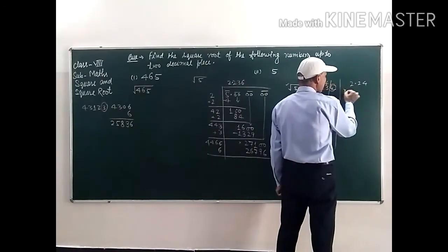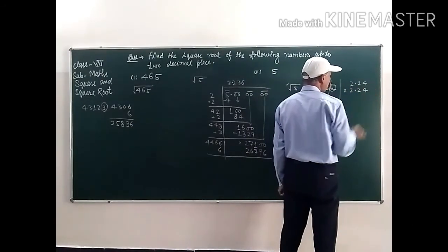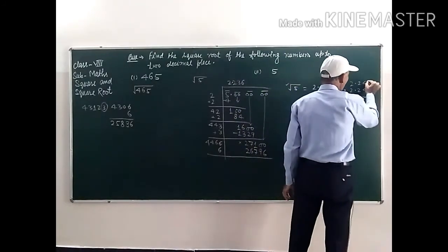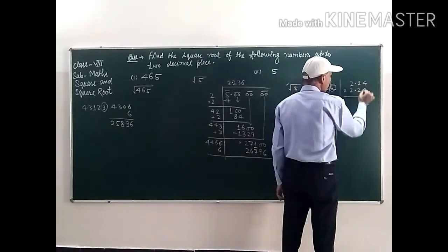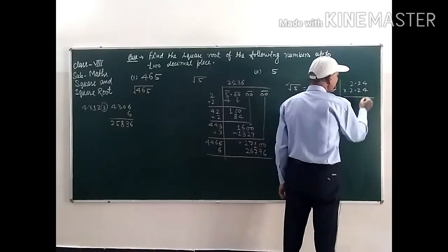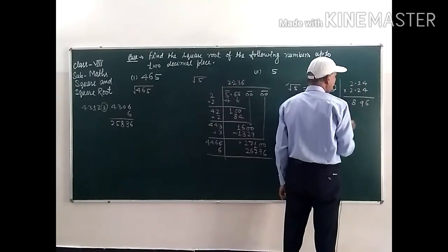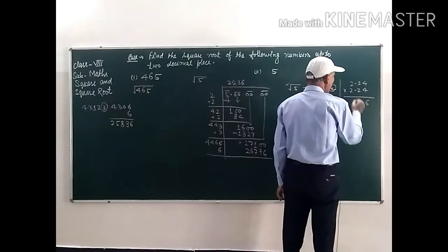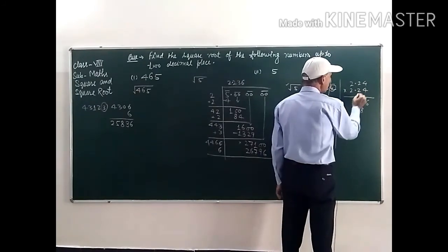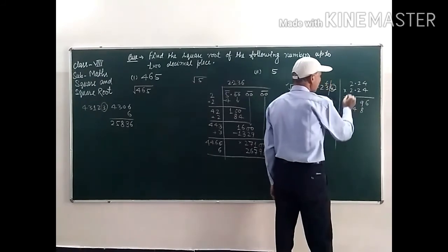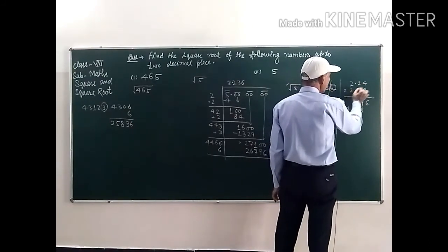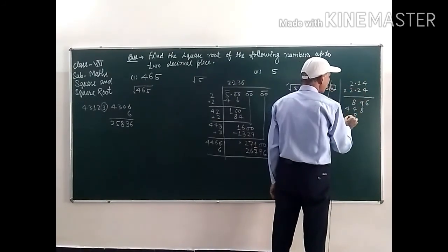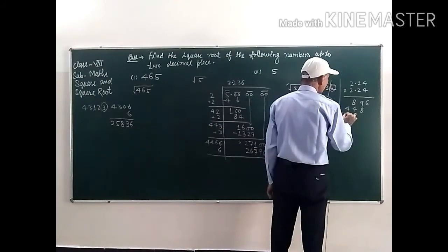So we are going to check here 2.24. 2.24 into 2.24, that is 4 4 ja 16, 4 2 ja 8, 1 9, 4 2 ja 8. 2 4 ja 8. Now 2 2 ja 4 and 2 1 ja 2, 2 2 ja 4. Once again, that is 2 4 ja 8 and 2 2 ja 4 and 2 2 ja 4.